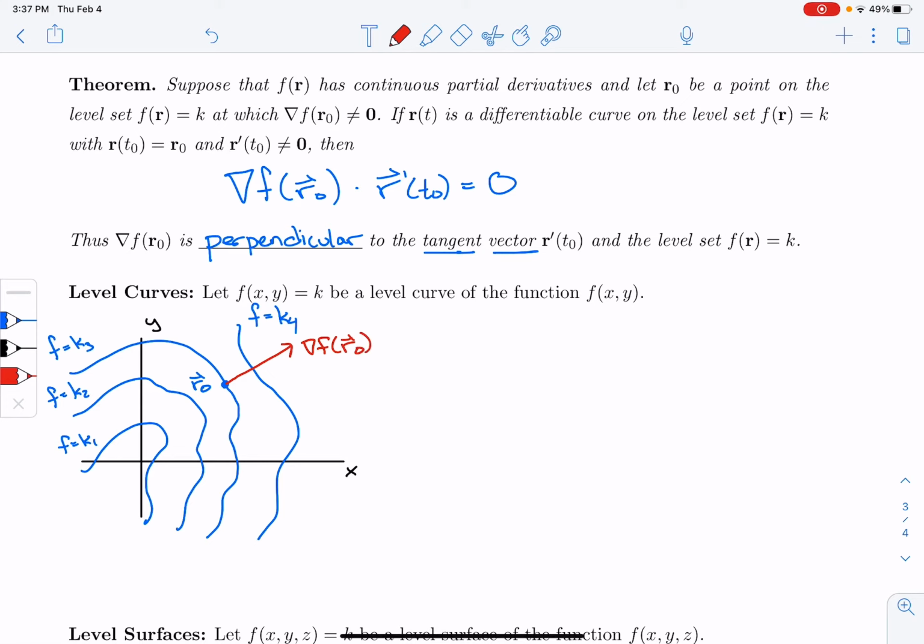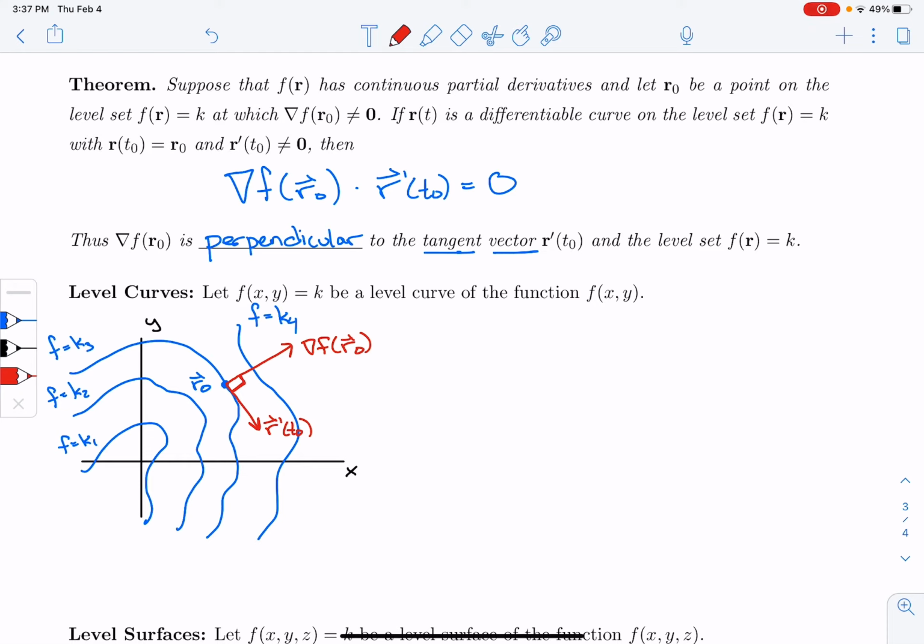What I mean by perpendicular is that if I look at the tangent to the curve, the gradient is perpendicular to that tangent. So this would be R prime of t0. So the gradient of my function f is always going to be perpendicular to those level curves.